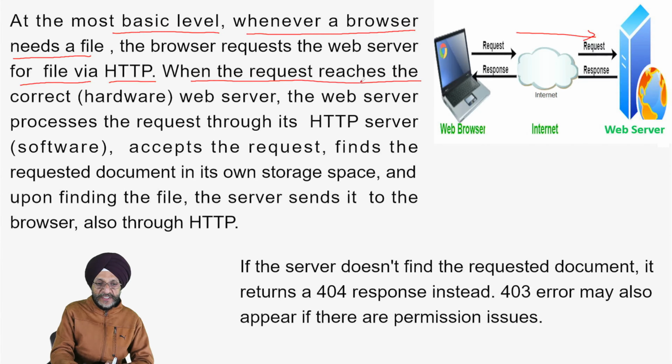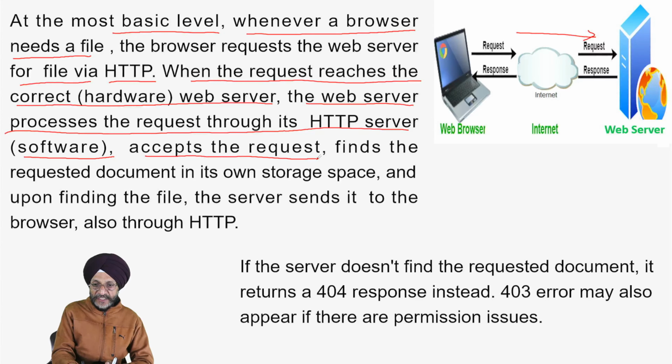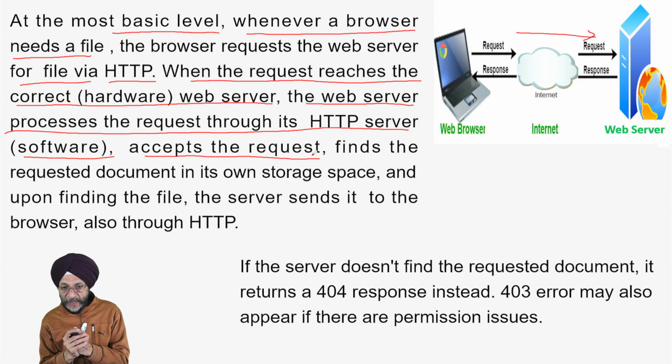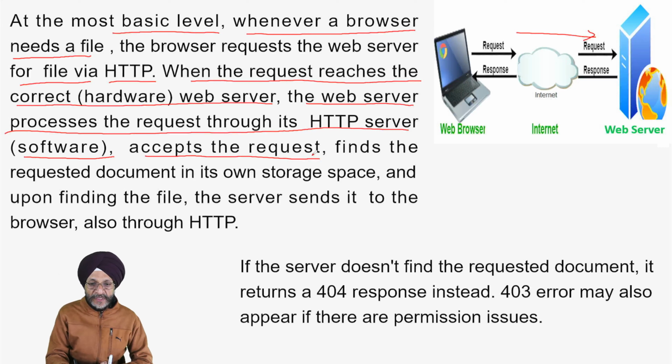When the request reaches the correct hardware web server, the web server processes the request through its HTTP server. Then the server accepts the request which has been made by the web browser.